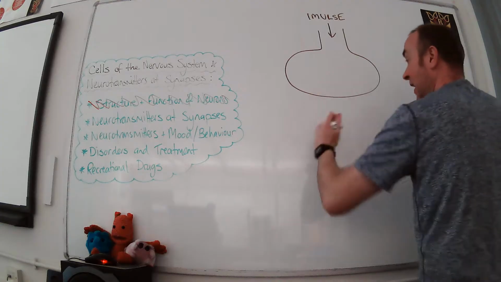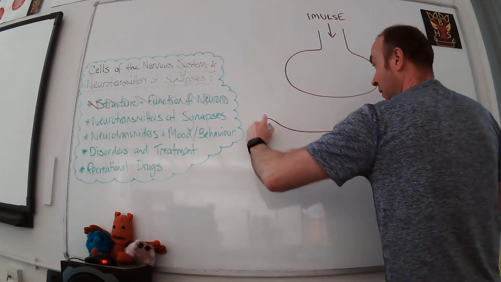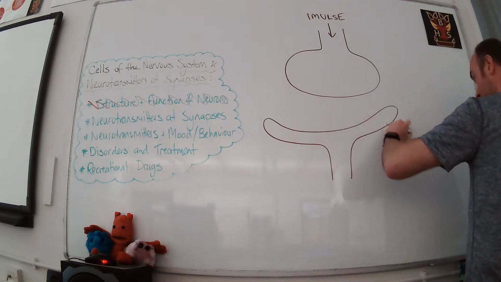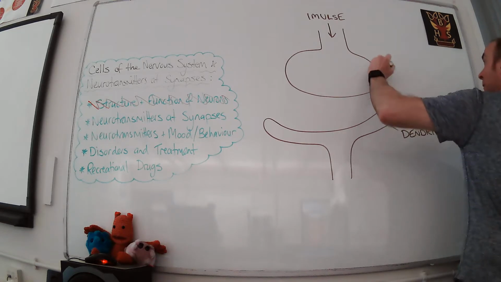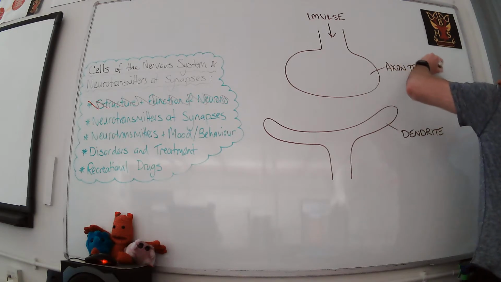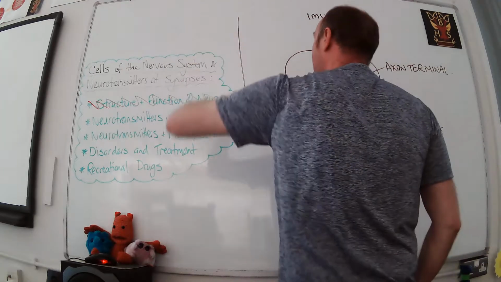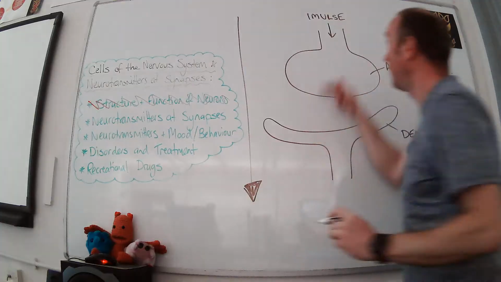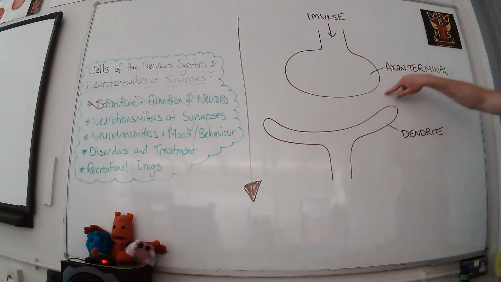And underneath that, I'm going to draw the dendrite of another nerve cell. So basically the direction of the impulse is that way. It's going from that nerve cell to that one, but what you'll hopefully notice is this space.